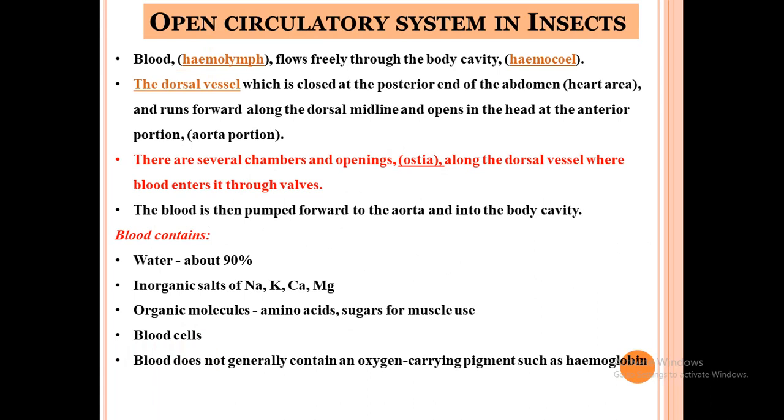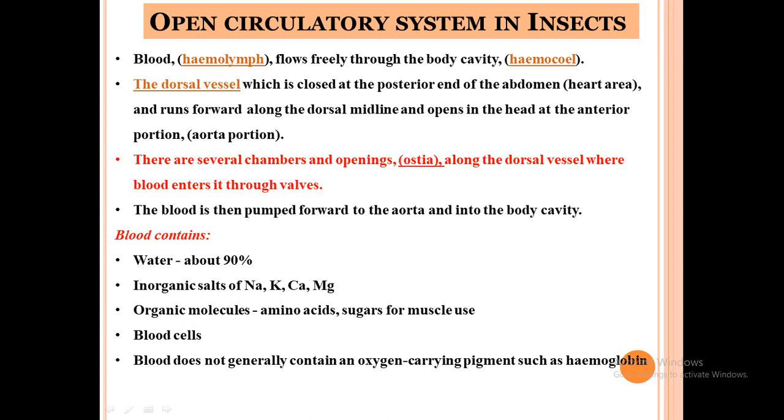As the insect circulatory system is open, the blood, known as hemolymph, flows freely through the body cavity, the hemocoel. The dorsal vessel, which is closed at the posterior end of the abdomen, is called the heart, and it runs forward along the dorsal midline and opens in the head.